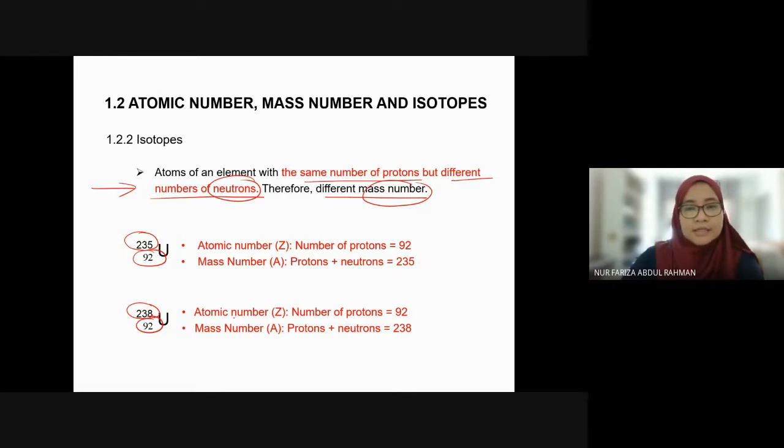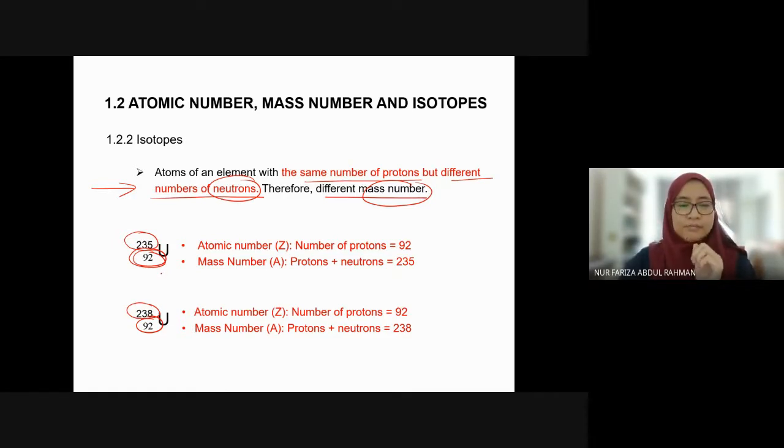Protons are like what I would call the DNA of an atom, the DNA for an element. So it will not change even though the number of neutrons or electrons changes. The number of protons remains constant because from it we can determine what element it is.